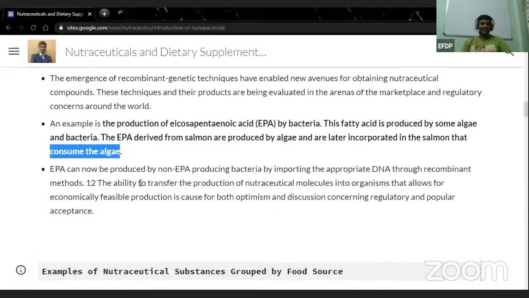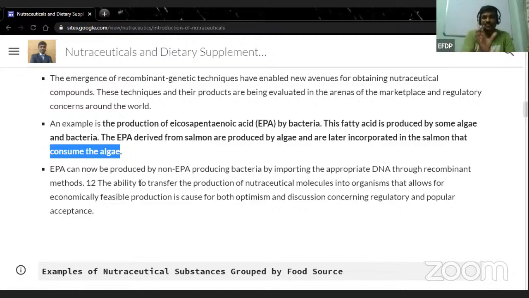We get eicosapentaenoic acid from the algae, but actually algae is preparing eicosapentaenoic acid, as the salmon fish is not producing it. The salmon fish eats that algae and indirectly it comes into the salmon, and when you eat the salmon you can get eicosapentaenoic acid, and that is known as a non-food source. See, it is a chain of food. You can easily understand.